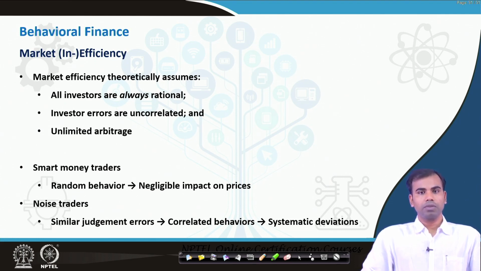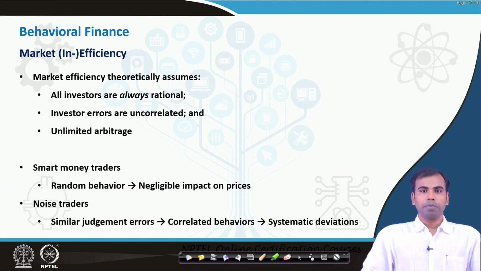Smart money investors are those people who consider all the information in their decision making process. They always rely on research and analysis before they take a final decision, and they incorporate all available information and arrive at the right valuation of the financial assets that they consider for investing or buying.